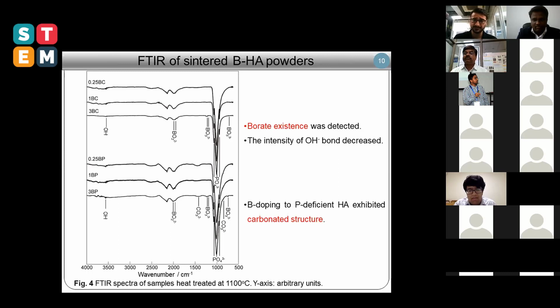The position of the borate peak gives us an idea of whether the borate is actually incorporated into the structure or in the C-axis column. However, there is a difference between the two deficiency types: the calcium deficiency shows less decrease in hydroxide density, while for the phosphate deficiency we couldn't observe such behavior.